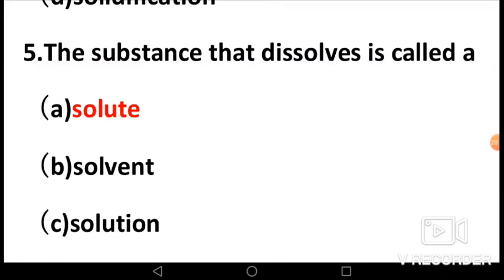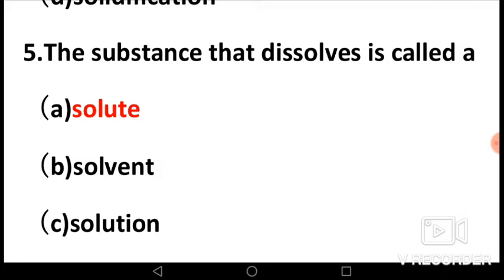Now let's see fifth MCQ. The substance that dissolves is called option A solute, option B solvent and option C solution. The answer is option A solute.